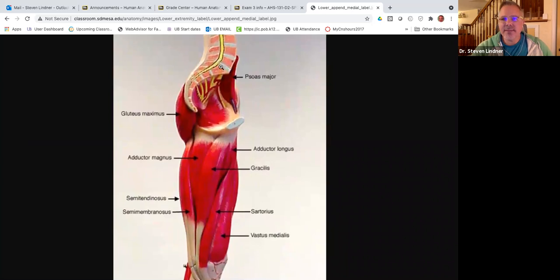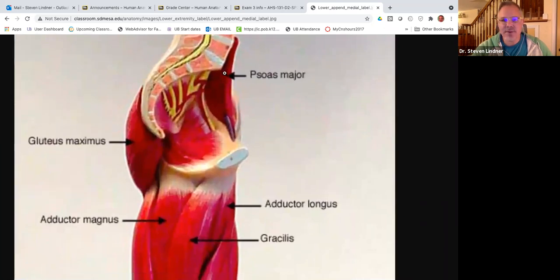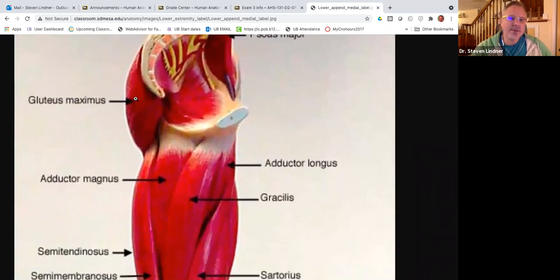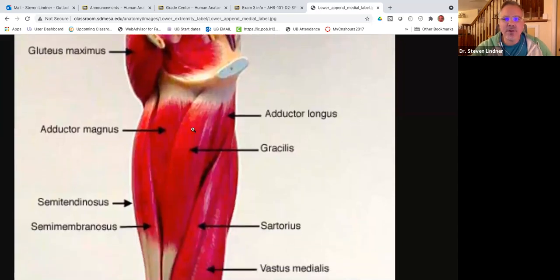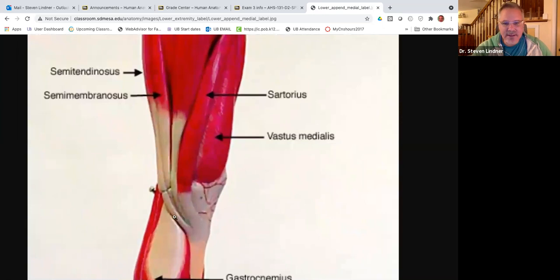You could see the lumbar spine and the sacrum. We could see it cut. Here is the psoas major in the front of the lumbar spine. You could see how it attaches to the discs and the lumbar vertebrae. On the posterior side, we can see a little bit of the gluteus maximus. Now we're looking at the medial thigh, so here's that goose foot I was telling you about.